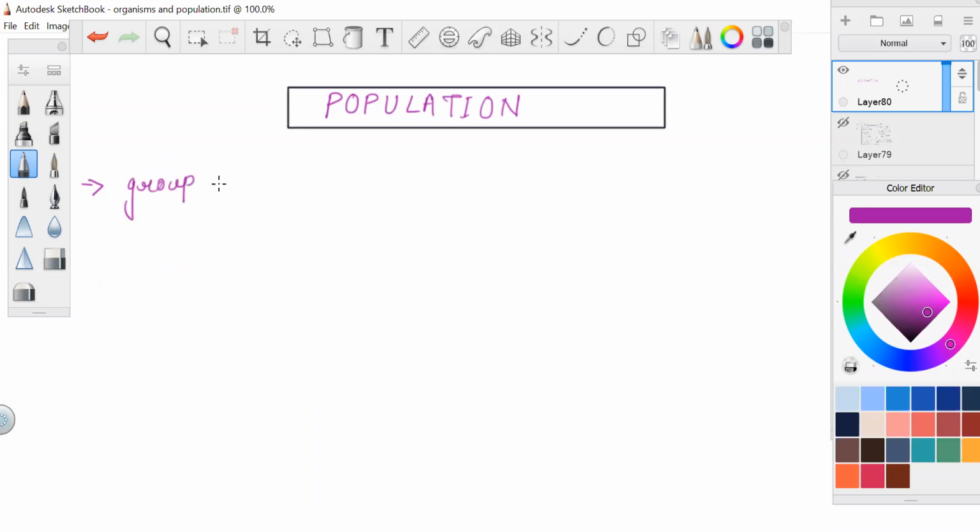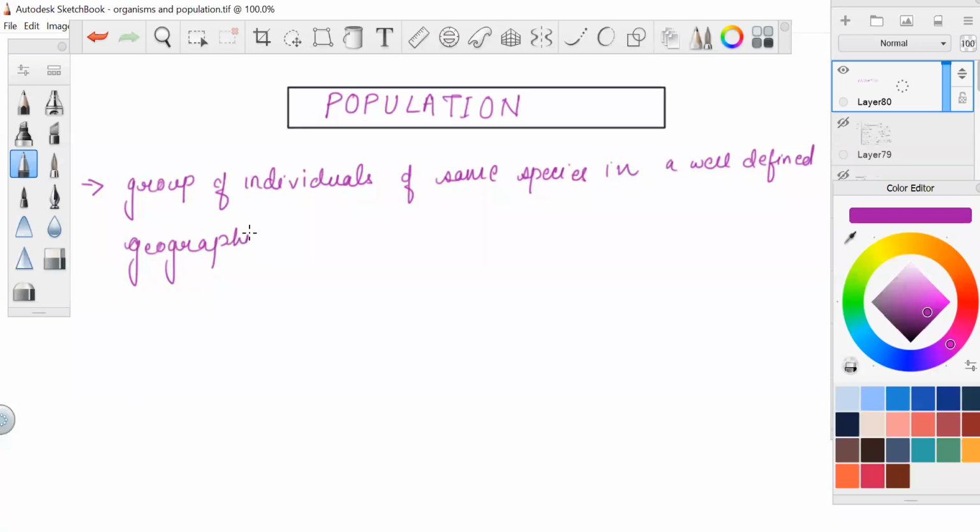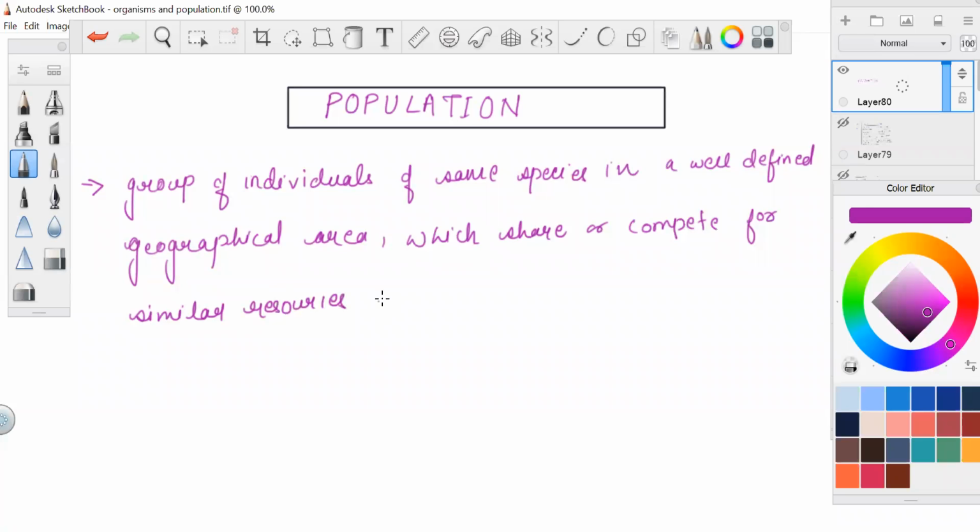A group of individuals of the same species in a well-defined geographical area, which share or compete for similar resources, and they potentially interbreed.